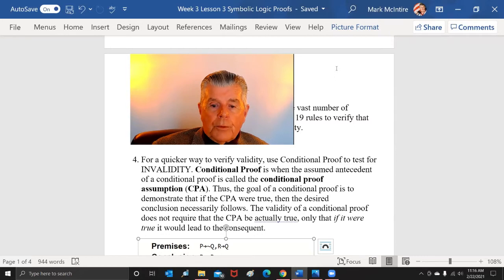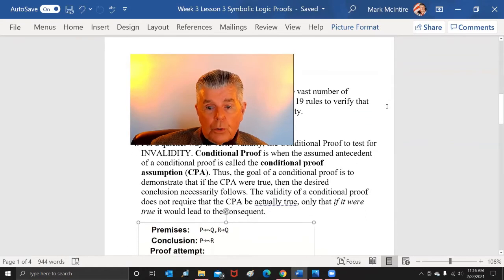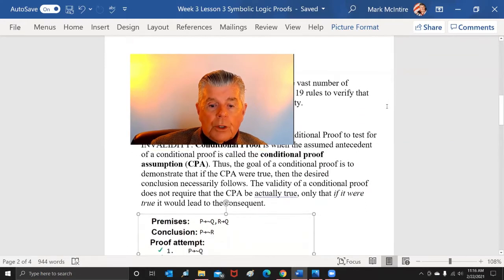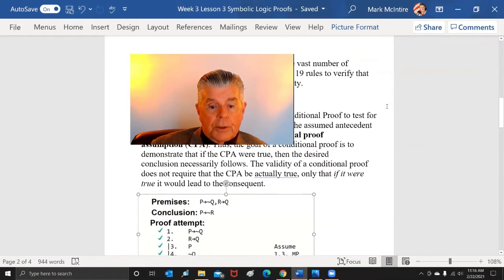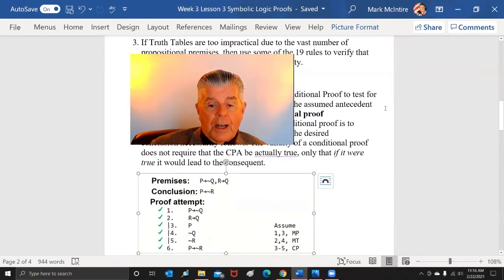The goal of the conditional proof is to demonstrate that the conditional proof assumption is true. Then the desired conclusion necessarily follows. But if we assume the antecedent of the conditional to be true, and it turns out that the argument results in a false conclusion, then we know that we have made a mistake and that our argument is invalid.